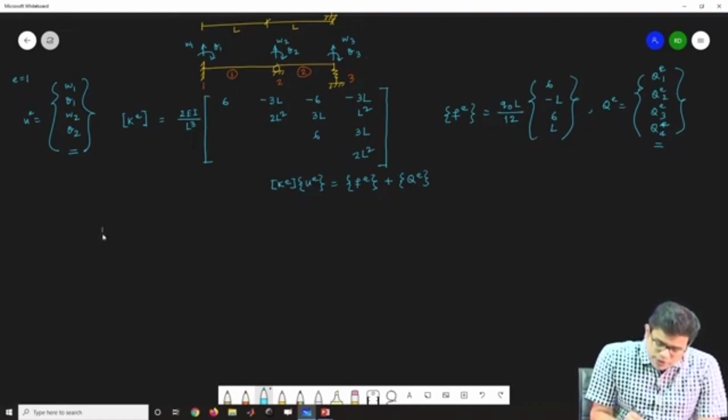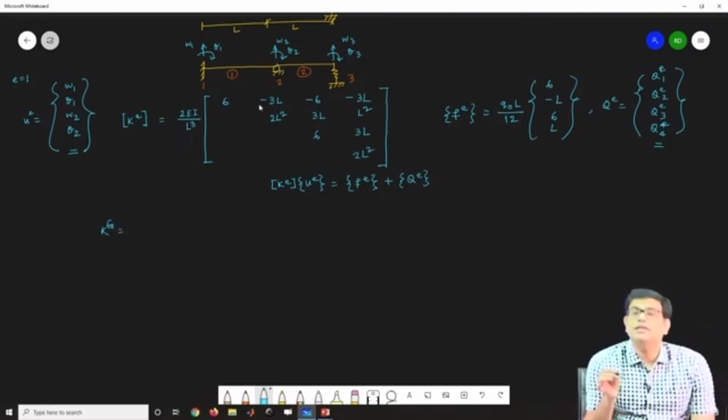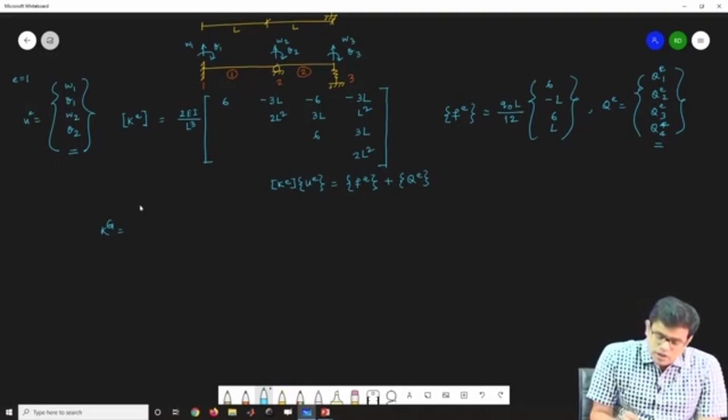we can just assemble the global stiffness matrix very easily. So global stiffness matrix will look like this. So Kg, you see the length is very much same, and if I take EI as constant over the 2 elements, then I can take this quantity out, 2 EI by L cube.